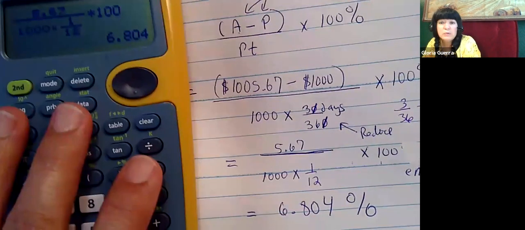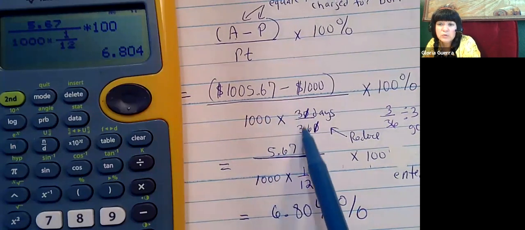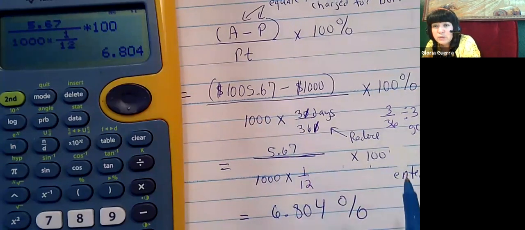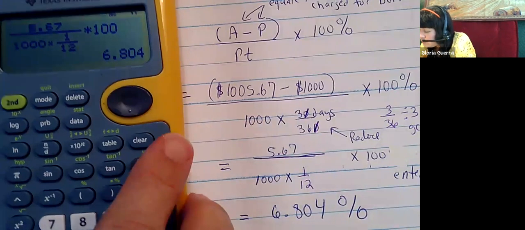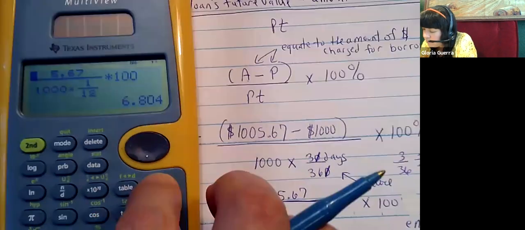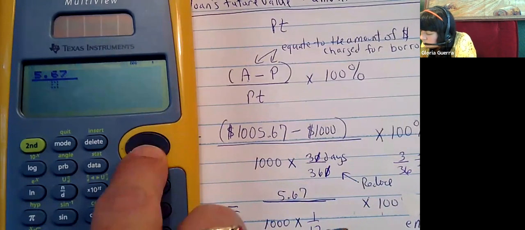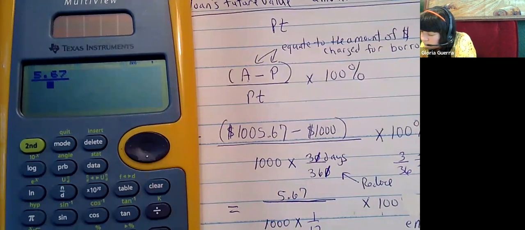But I did this on my own here, and then I did reduce. If you didn't want to reduce, you would have this indie key to start again. And then you have the 5.67 on the bottom. You have 1,000.